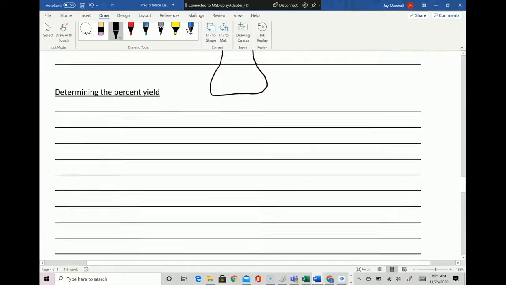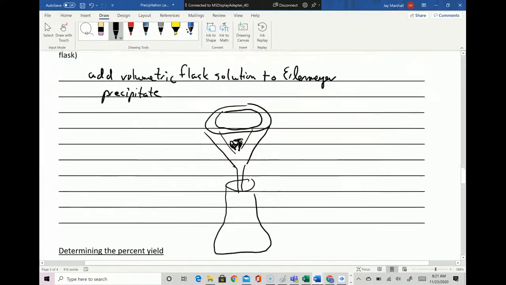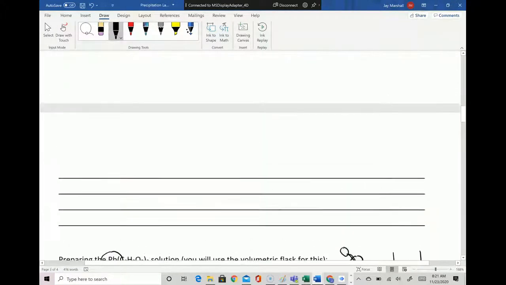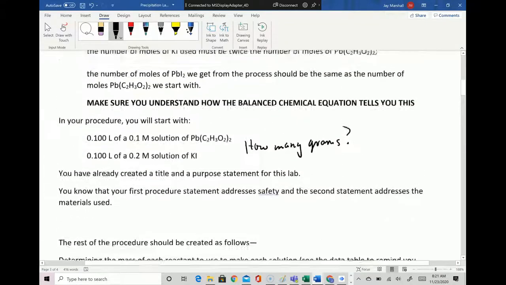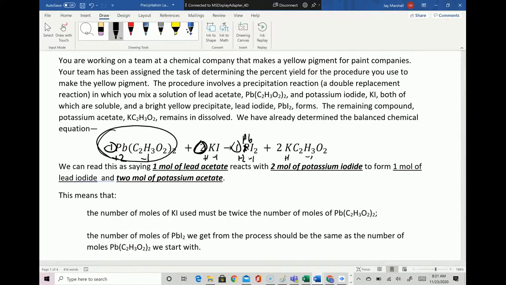Okay? Now, how are we going to figure out the percent yield? Okay, we remember that the number of moles of lead acetate that I start with should also be the number of moles of lead iodide that I get. Okay?